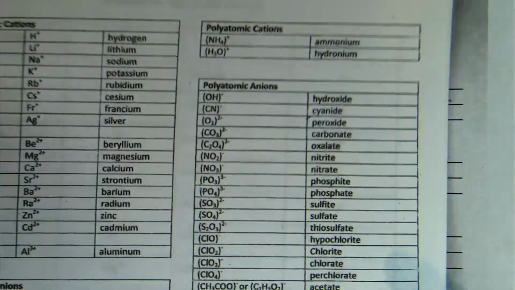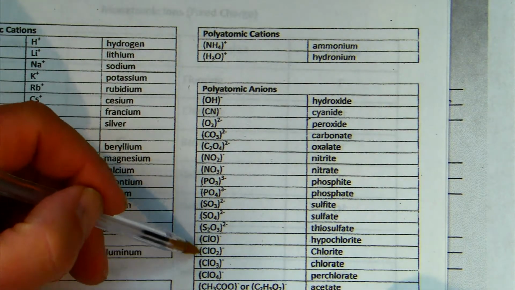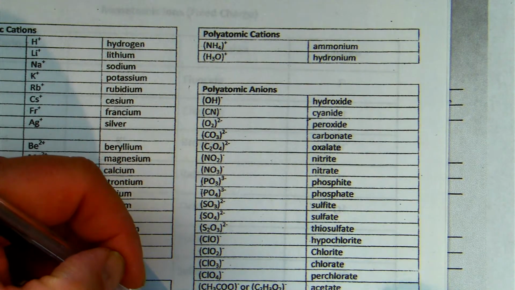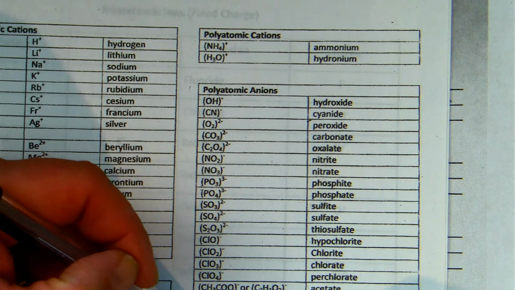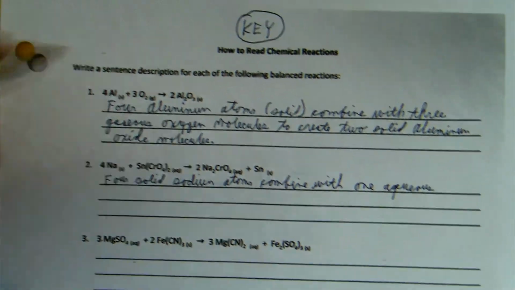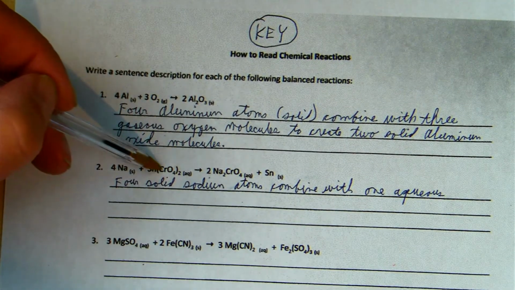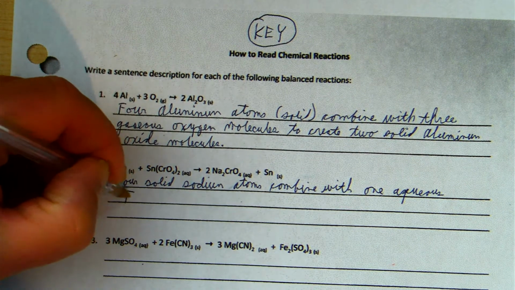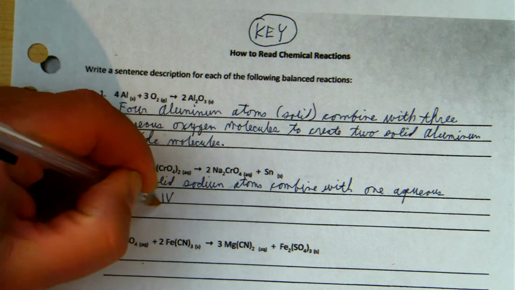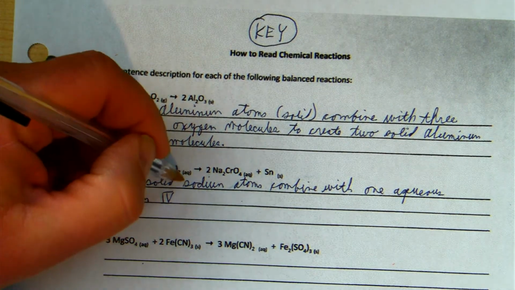CrO4 is chromate. Sn is tin. Here, chromate has a 2 minus charge, and here we need two of them. So this would be aqueous tin, Roman numeral 4, chromate.